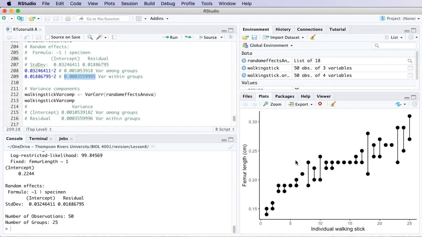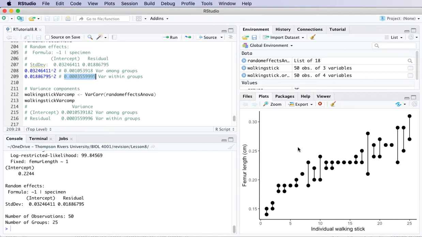Another possibility is, let's say, if this number was very small relative to this number. So what would that mean? That would mean that the variability among the groups, or between the groups, is being dominated by the variability within the groups.